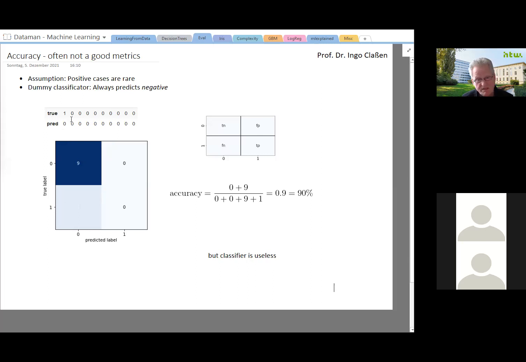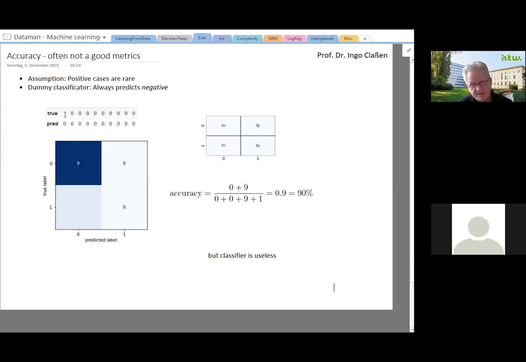You can see it immediately here. There's one instance here, and we don't get it with our predictions. So we're not able to predict anyone. We do not find anyone. So our recall, our true positive rate, or we could also call it hit rate, is 0 for the classifier here. That tells us much better something about that useless classifier.